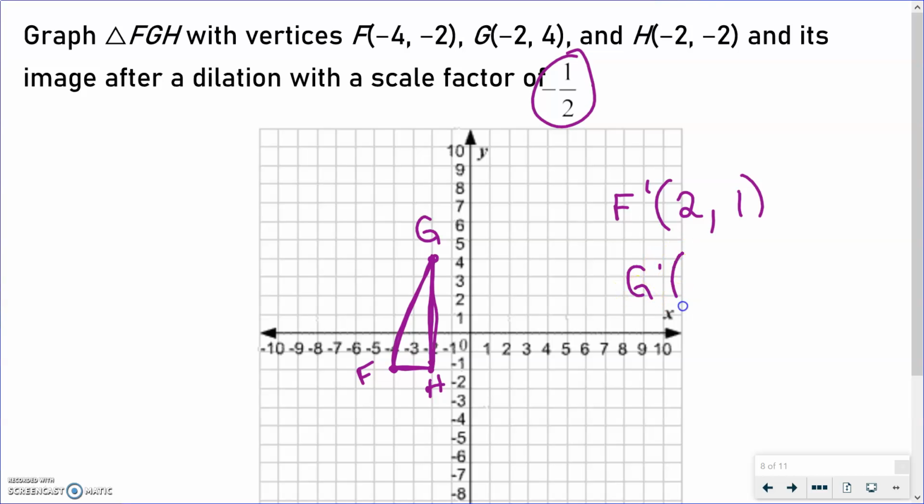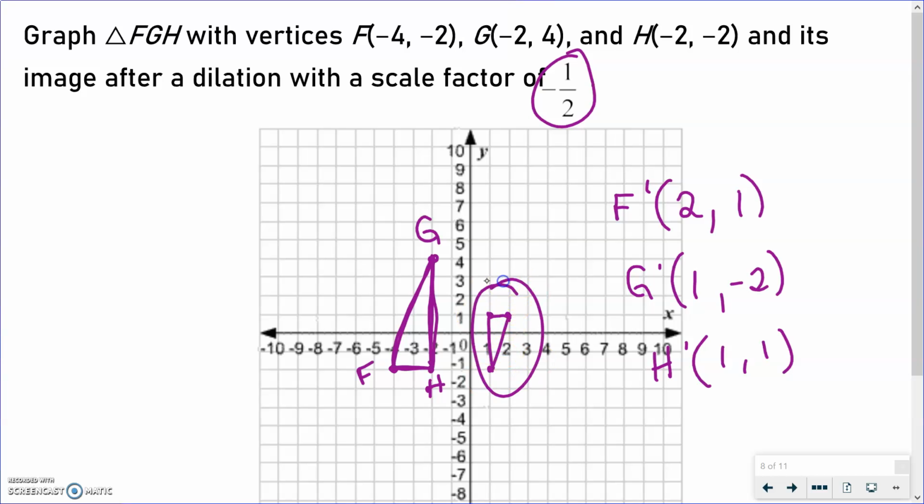G prime will become -1/2 times -2 is 1, and then -2, and then H prime is 1, 1. So I'm going to graph these: 2, 1; 1, -2; and 1, 1.